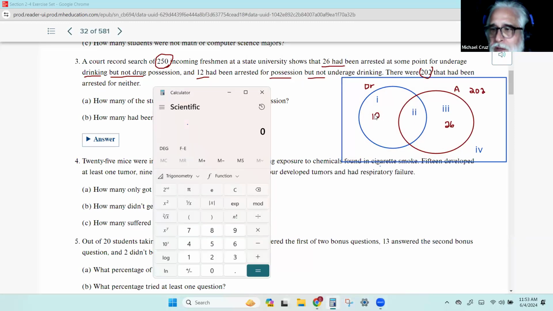So what I'm going to do is I'm going to add up these three numbers. All right, so that's 240. So what happens if I was to put that right there? You think that would work? No, I got one more step.